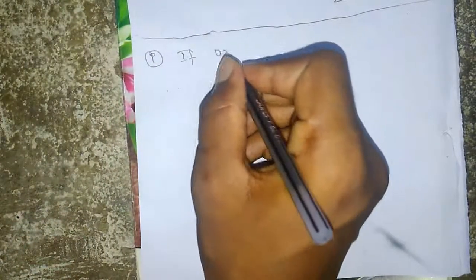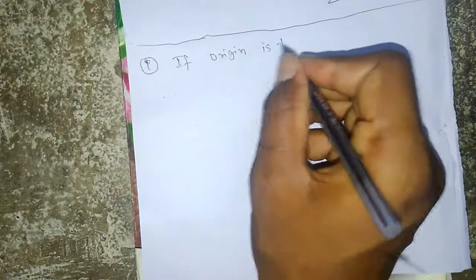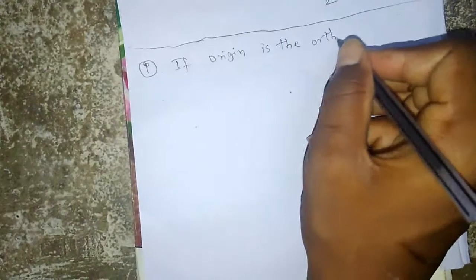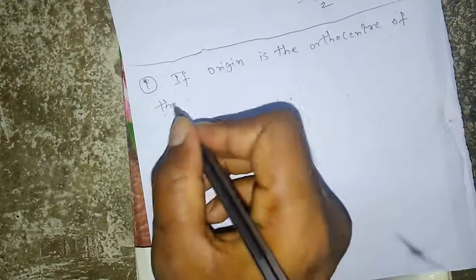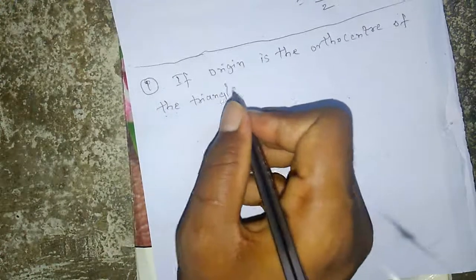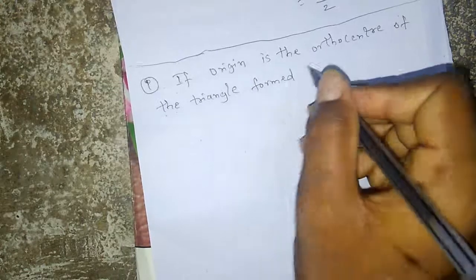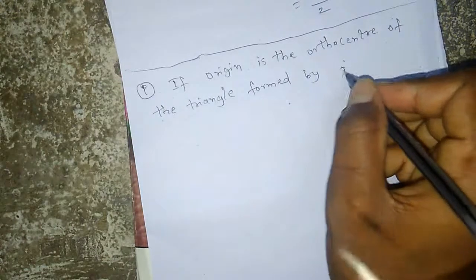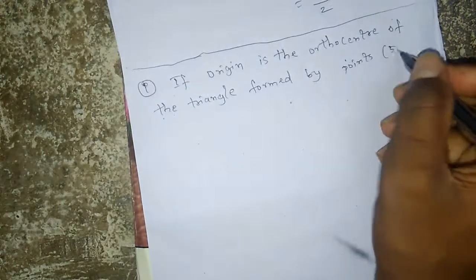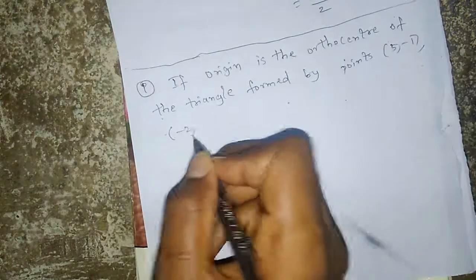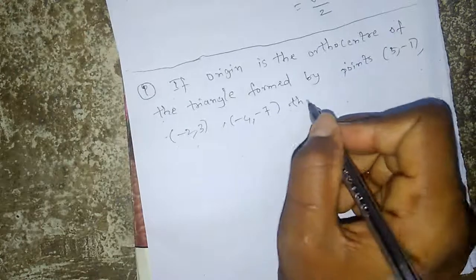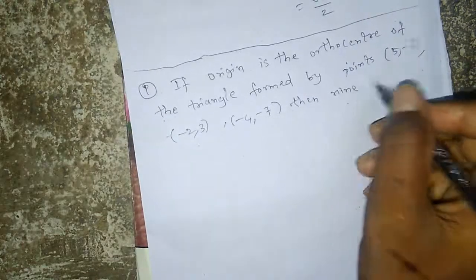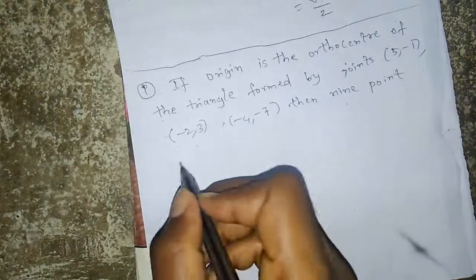Our next problem is, if origin is the orthocenter of the triangle formed by points 5, minus 1, minus 2, 3, minus 4, minus 7, then 9 point circle center is?